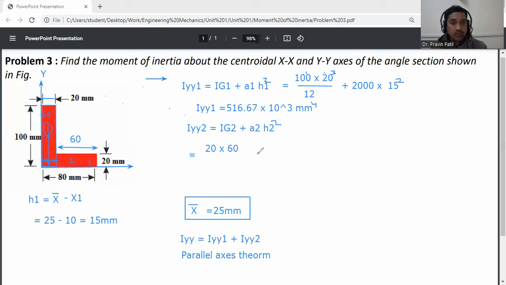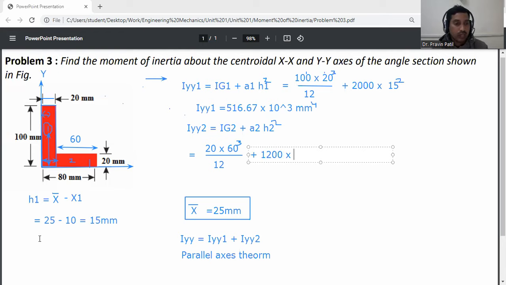So db cube divided by 12 plus A2, which is 60 into 20, that is 1200 mm square.